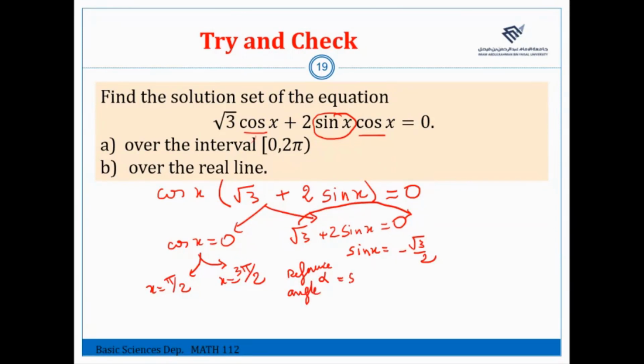It is sine inverse of this number, but without the minus sign, because the reference angle is always in quadrant 1. So we take the absolute value. What is sine inverse of square root of 3 over 2? It gives pi over 3, which is 60 degrees.